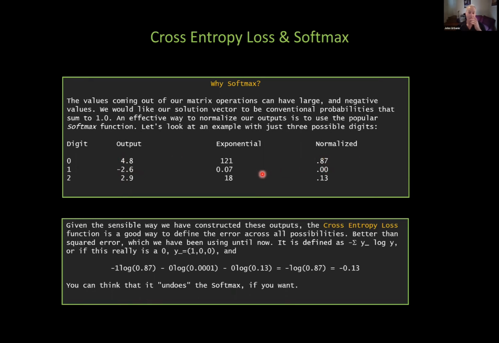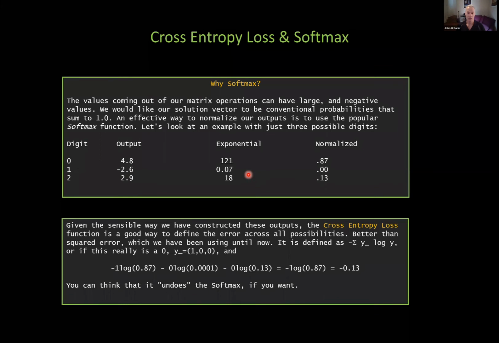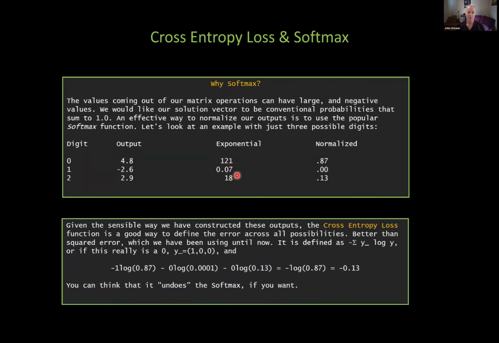Well, one thing we can do is just apply an exponential function to the data. And that's going to stretch our results around. It's going to make our biggest result much bigger. It's going to make intermediate results not scale quite as large. And it's going to make negative results tend towards 0. So that's a nice characteristic. So if we just exponentiate our values, we stretch things out. And that's good. But now let's squish all those back down so that they add up to 1.